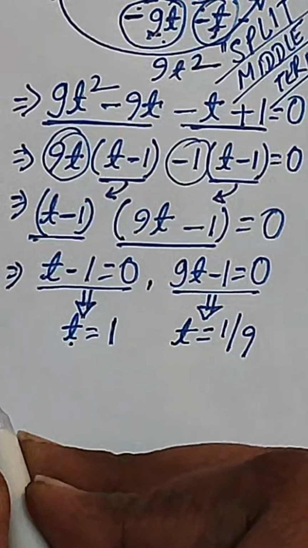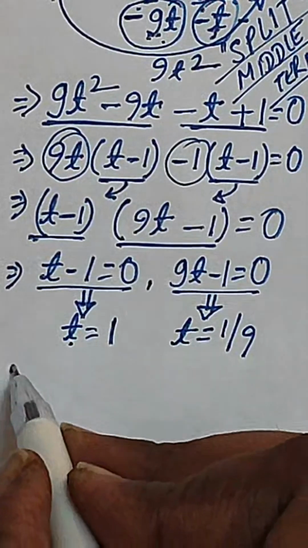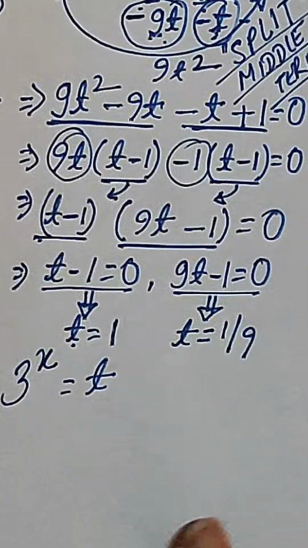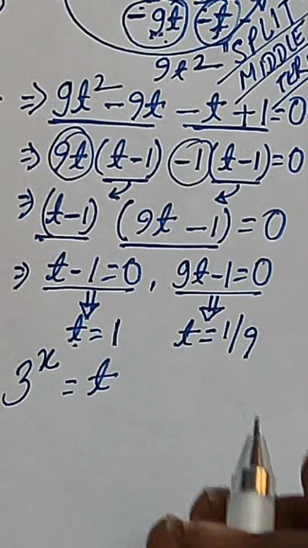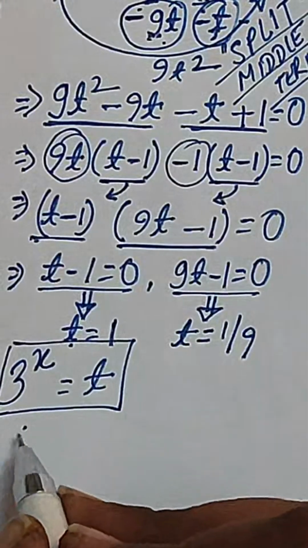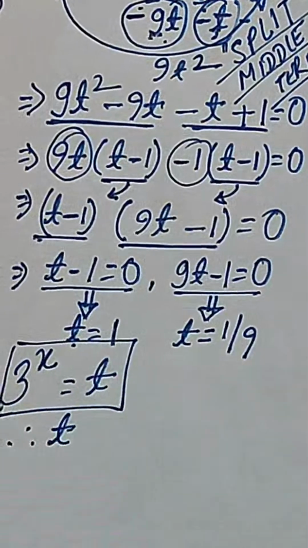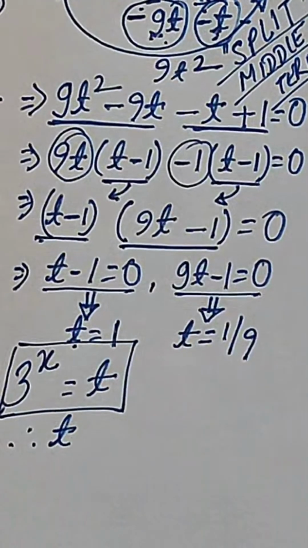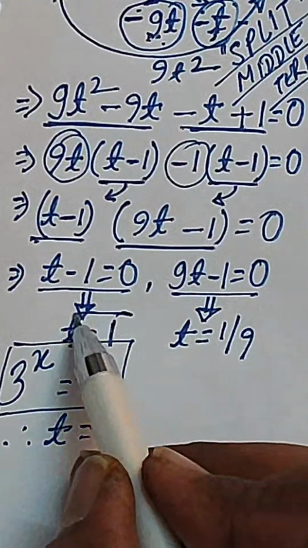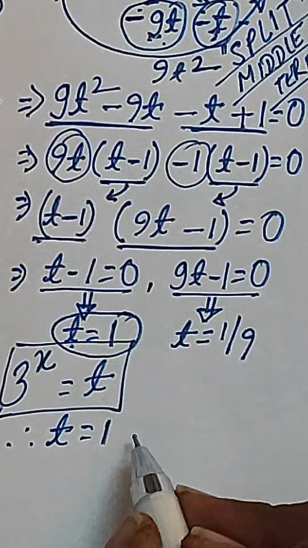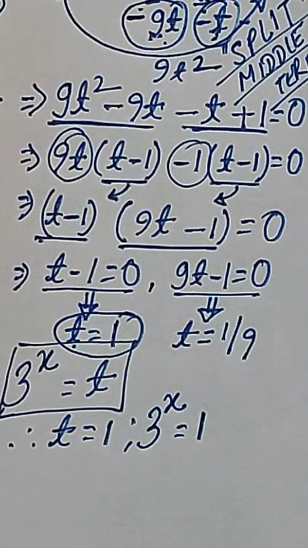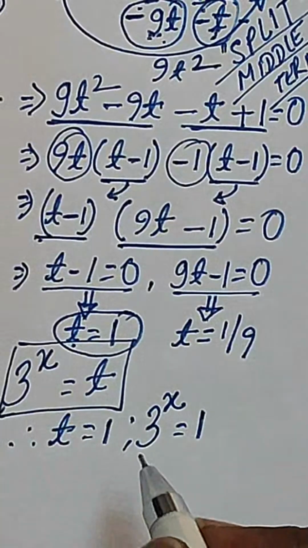Since 3 power x is equal to t, when t is equal to 1, I'm saying for this one, then what will happen? 3 power x will be equal to 1, because that is what we have assumed.